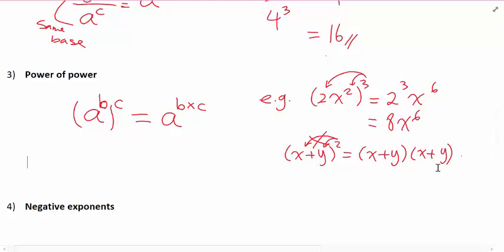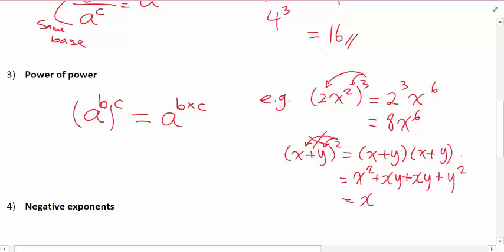So let's try FOIL on this and see what you get. x squared plus xy plus xy plus y squared. And that gives you x squared plus 2xy plus y squared. Notice that there's actually this extra middle term.